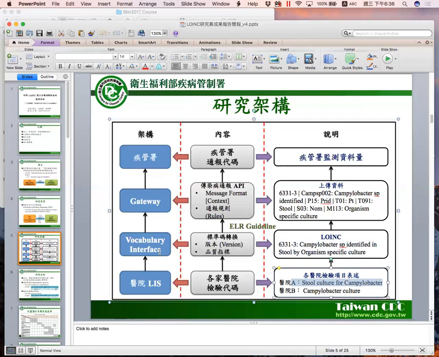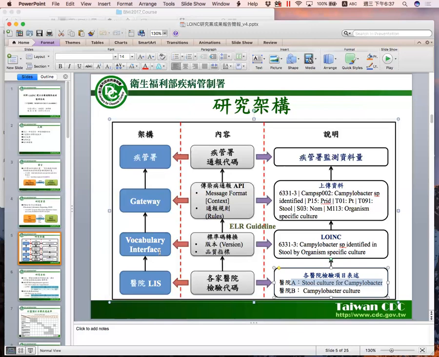The CDC tried to do that for more than 10 years. Then they asked three or four hospitals to do a pilot project. The problem is they all used LOINC and did the mapping, but there were slight differences between the hospitals, and they didn't solve it.